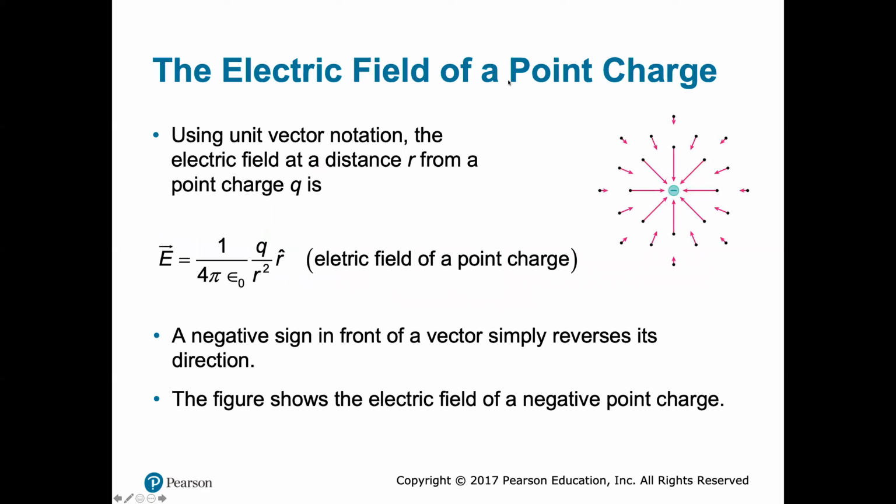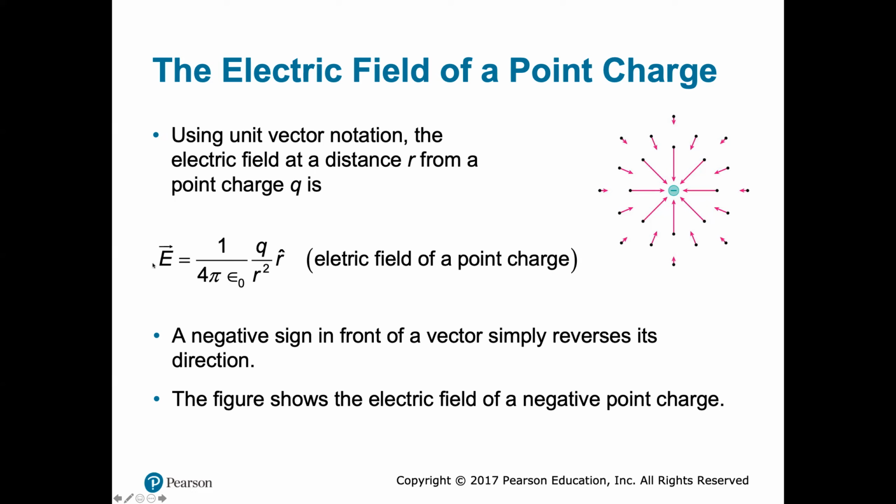So for the electric field of a point charge, using unit vector notation, the electric field at a distance r from the point charge is E equals 1 over 4 pi epsilon 0 times Q over r squared. If you want to calculate the vector E, the arrow above E means the vector E, then it equals the magnitude times a direction, which is the unit vector r hat.